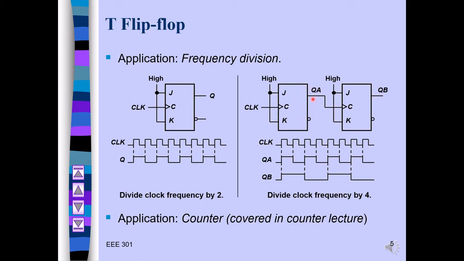So it becomes divided by 2 of the clock frequency, and after this one it becomes divided by 4. The period becomes double for QA, and for QB it is double again, that means 4 times. In terms of frequency, it's getting half, or 1/4, which is also called divide clock frequency by 4. Anyway, we'll use this kind of arrangement in the counter lecture.